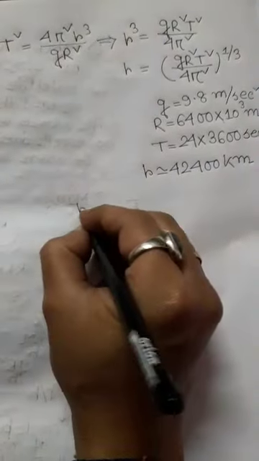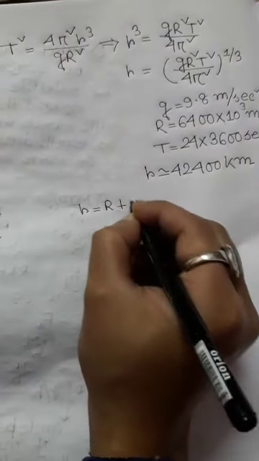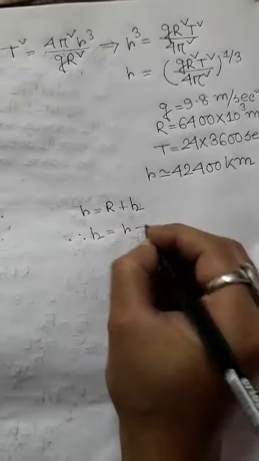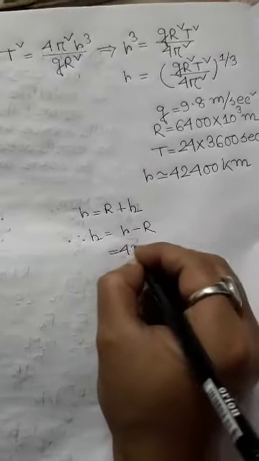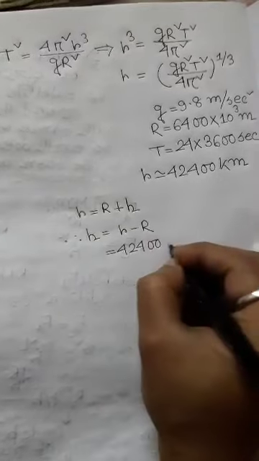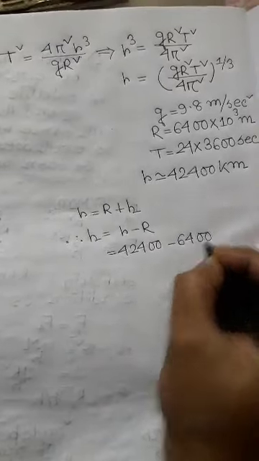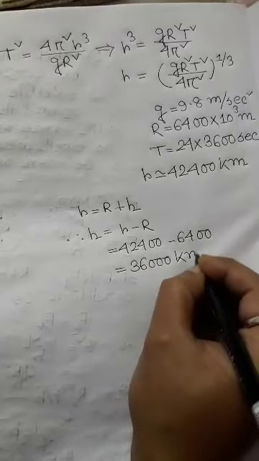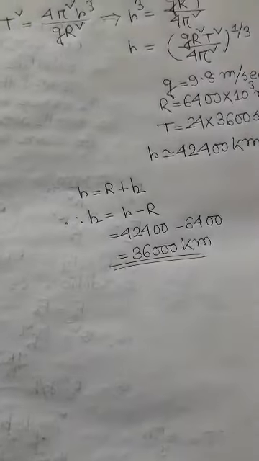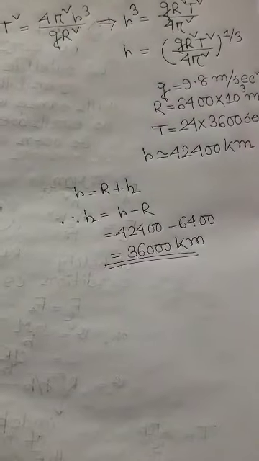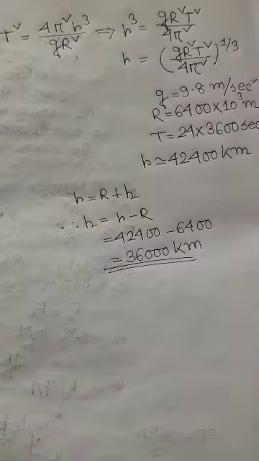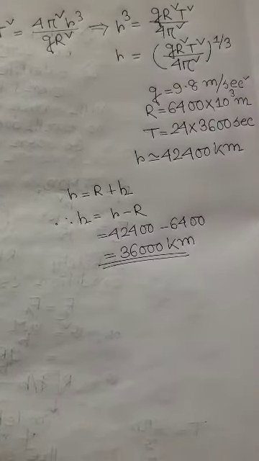Now again we know that small r equals capital R plus h. So my small h will be r minus R. If we substitute the value of capital R, then ultimately we see that a geostationary satellite must be placed at a height of 36,000 kilometer from Earth's surface so that it can work properly.